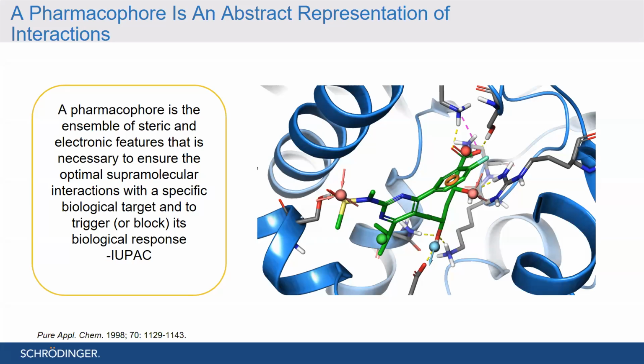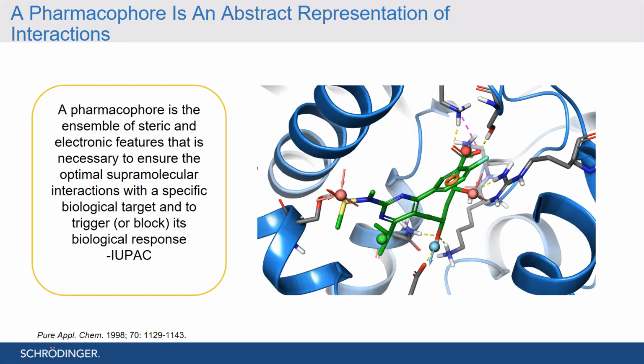As per IUPAC definitions, a very basic explanation is the minimal chemical features required to evoke a biological response. A molecule may have multiple features, so our objective is to identify the minimal critical features that can evoke a positive or negative biological response, whatever your interest may be.